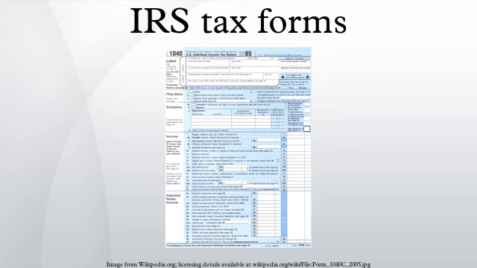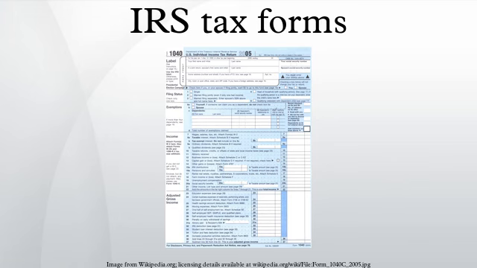The Form W-11, Hiring Incentives to Restore Employment Act Employee Affidavit, is to certify that a new employee was previously unemployed in order to qualify for a tax credit in accordance with the HIRE Act. W-12. The Form W-12 is a form for tax preparation professionals to apply for their ID number. It is being phased out in favor of an electronic application.